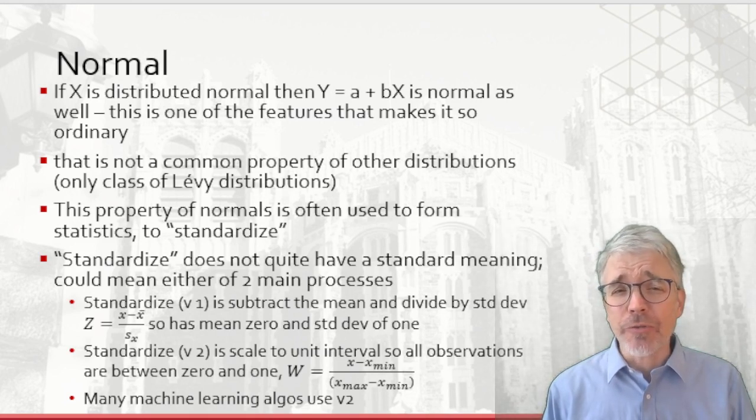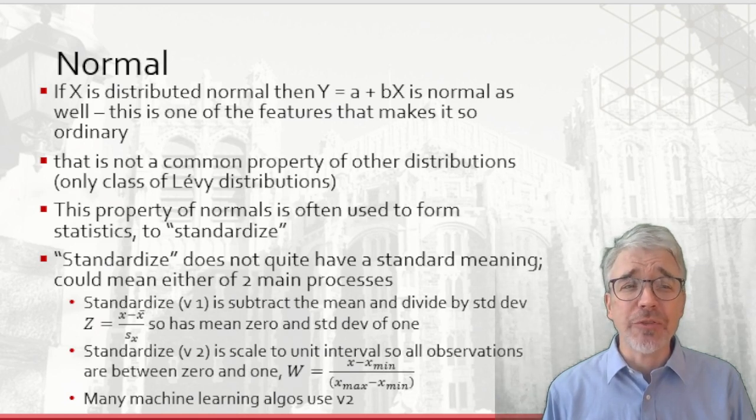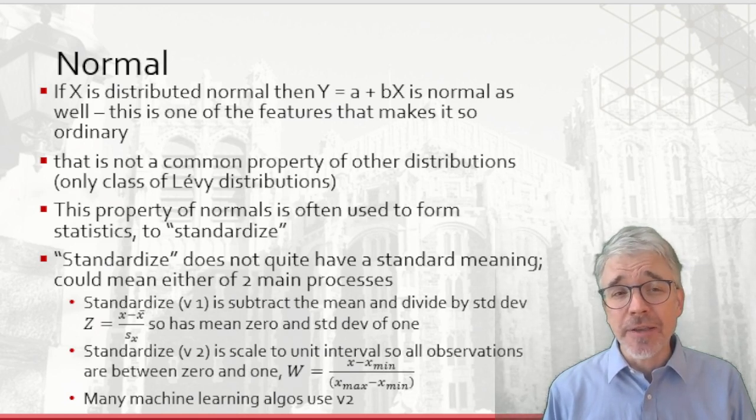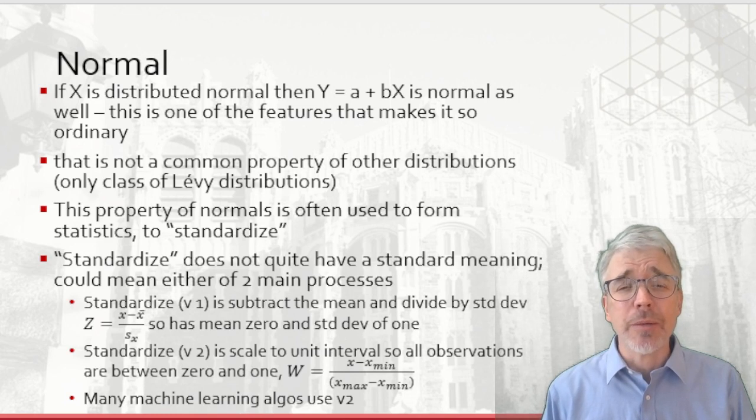Now, that's not universal for other distributions. It's just this class of Levy distributions of which the normal is one. Having linear functions of normal distributions being themselves normal is awfully convenient, and it's a big part of the reason why normals are so common. Linear functions don't break that normal distribution property.